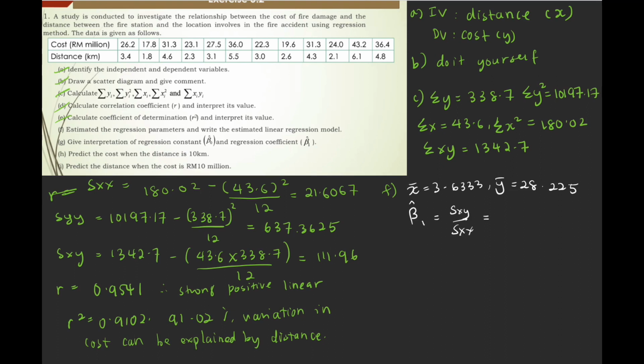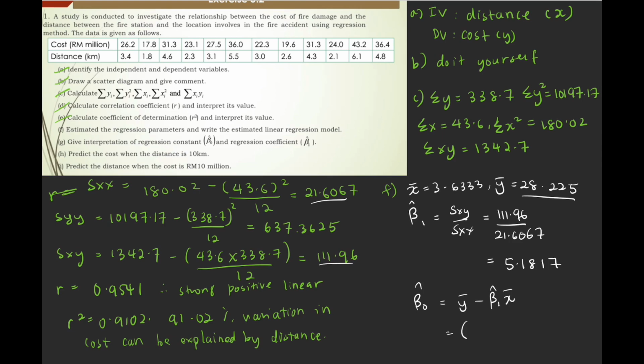So our Sxy is 111.96 divided by Sxx, 21.6067. So beta 1 is equal to 5.1817. So beta naught is equal to y bar minus beta 1 cap x bar.